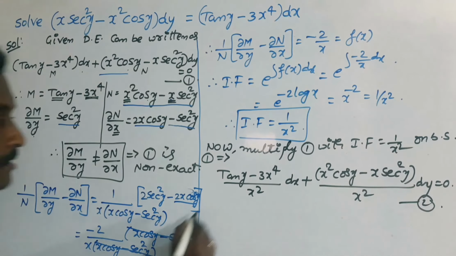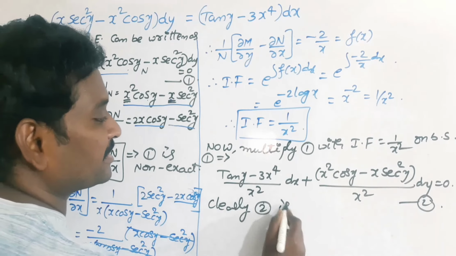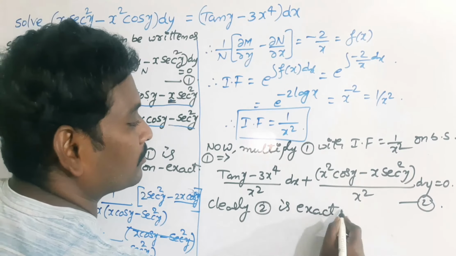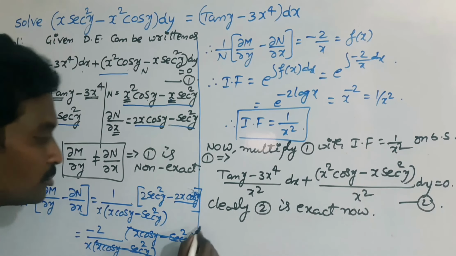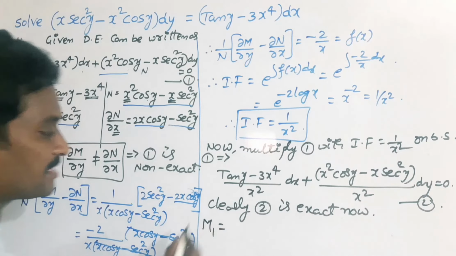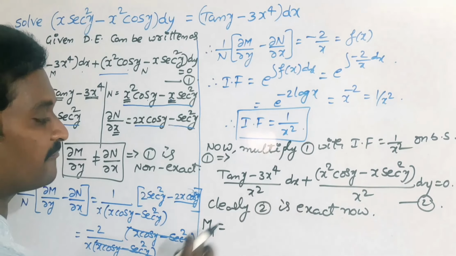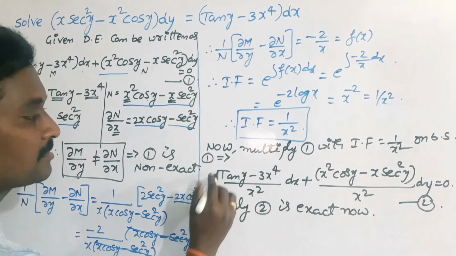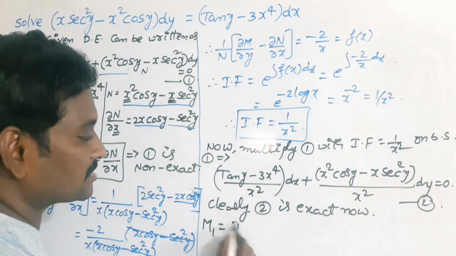No doubt at all. This new differential equation is exact now. Okay. Here the new term is m1 is equal to tan y by x square. Coefficient of dx, we should take m1 as coefficient of dx, but this part has two terms. That's why separate the parts.